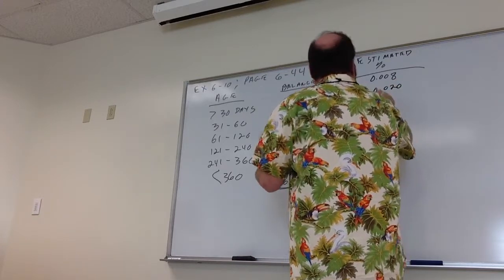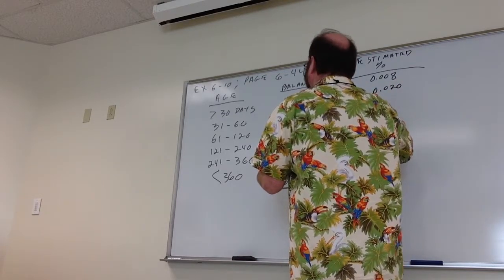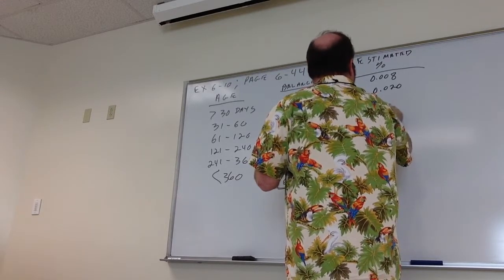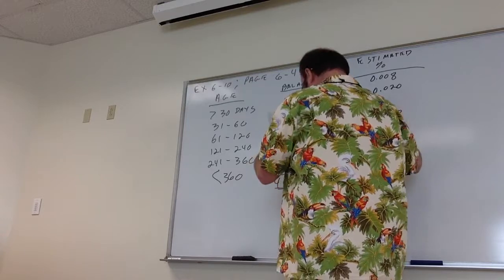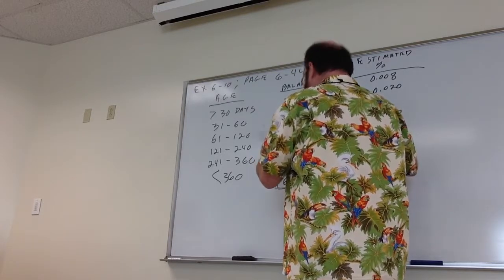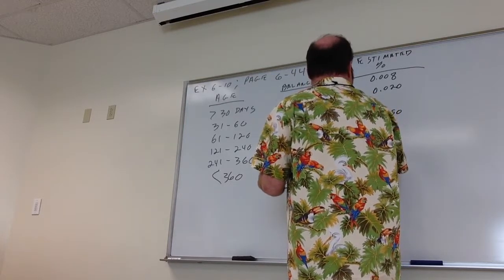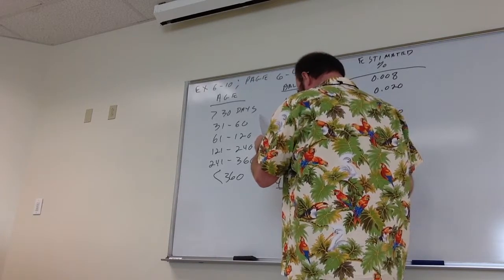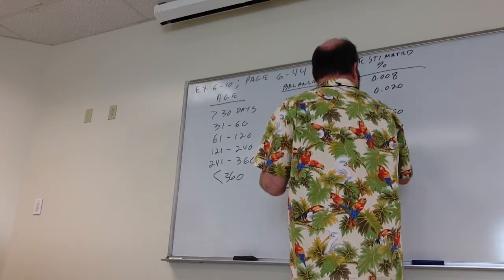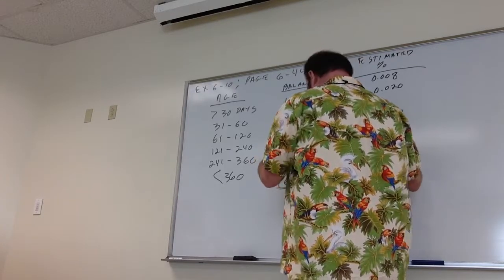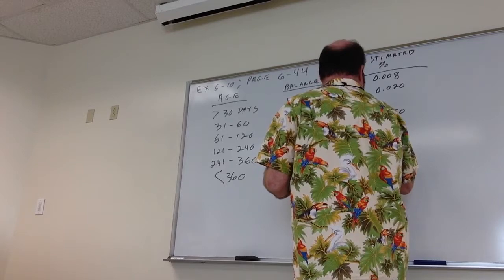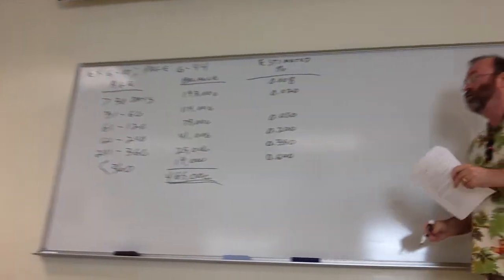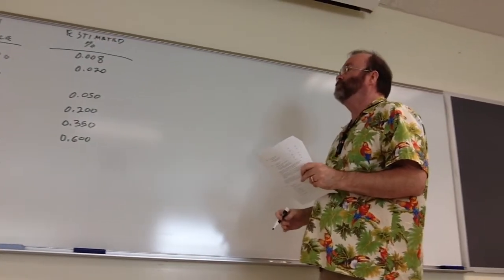And then 5% for the 61 to 120. And then 20% for the 121 to 240. And then 35%. And lastly, 60% for the greater than 360 days.